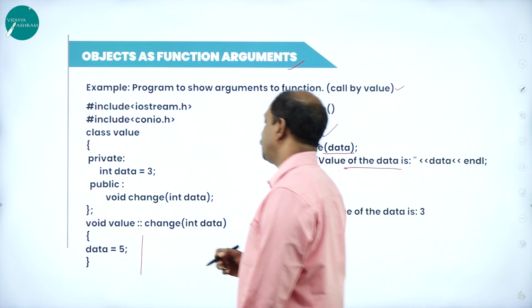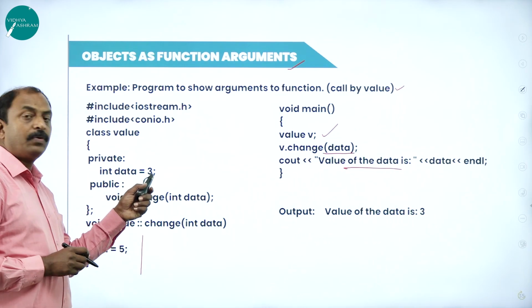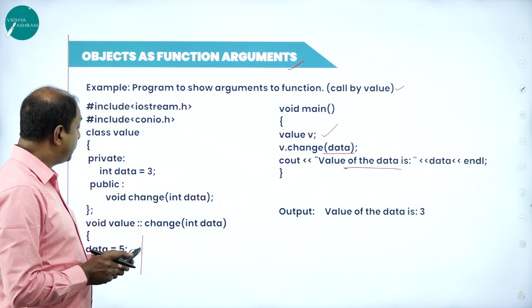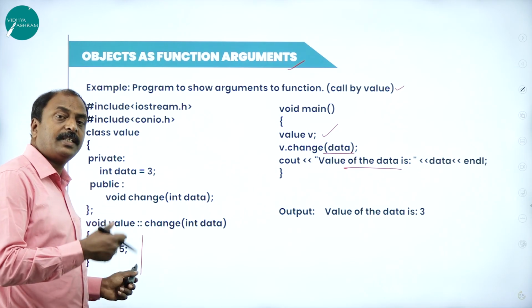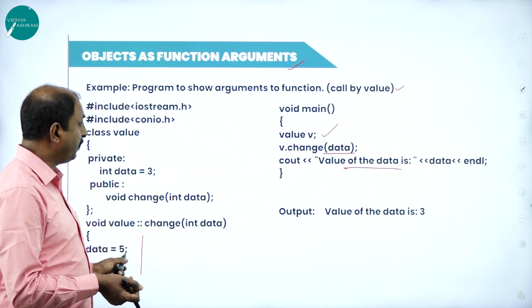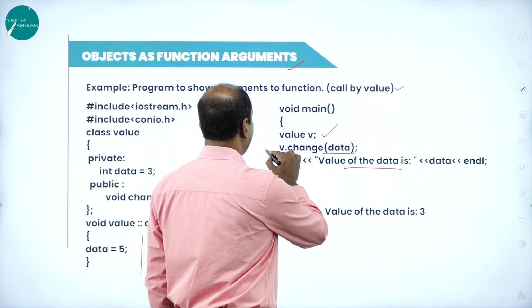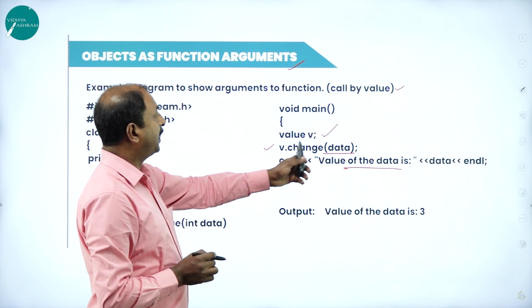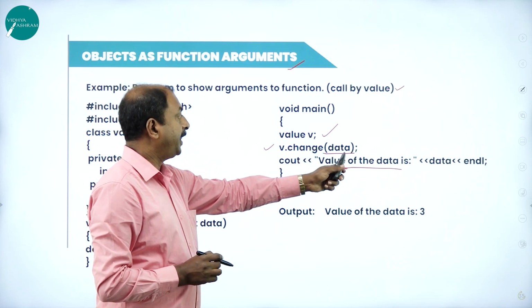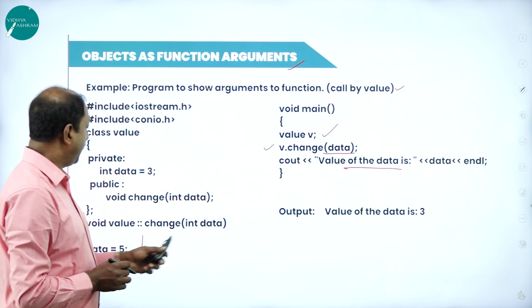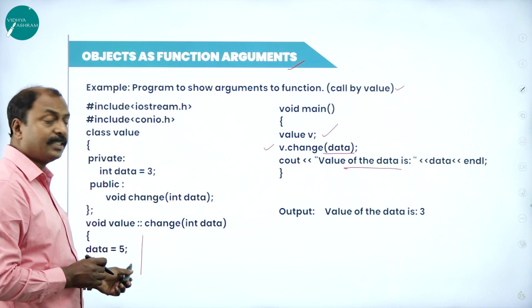Now we observe this. At the beginning we have given the value of data as 3. Inside the function we have changed the value of data to 5. But when the compiler executes this statement, it comes here and we are passing the value of data, 3, and it has an effect only inside the function.